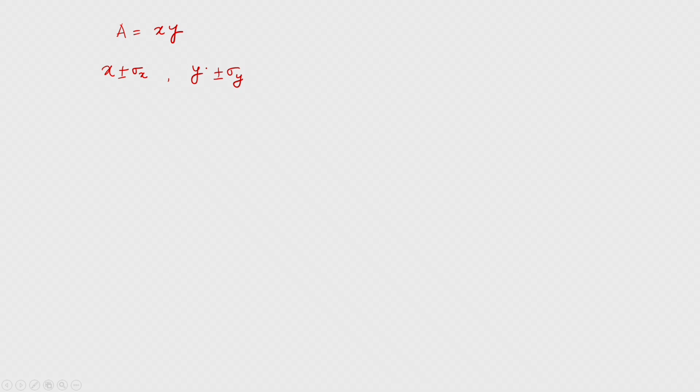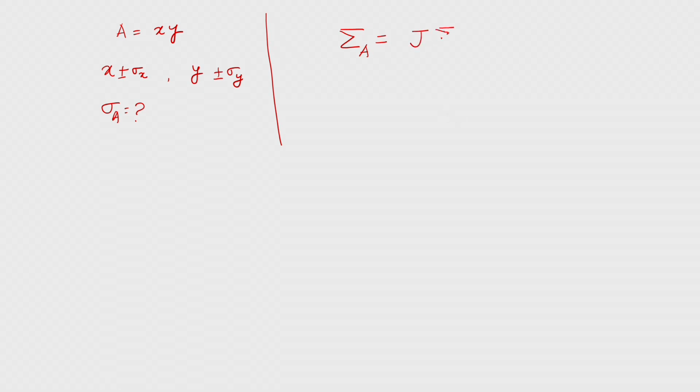Now I want to find out the value of sigma A, and that is why I have given a simple formula there: if I want to find out the covariance variance matrix of the output, then we will calculate it like this.